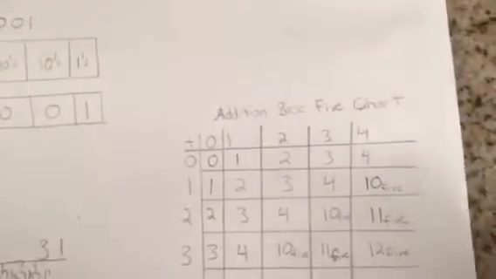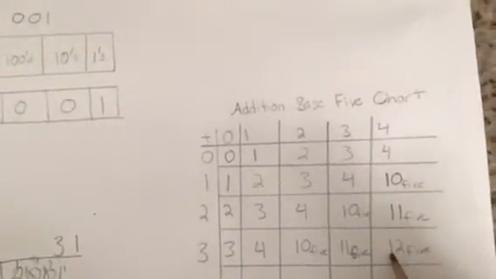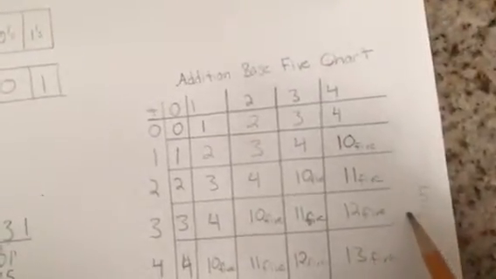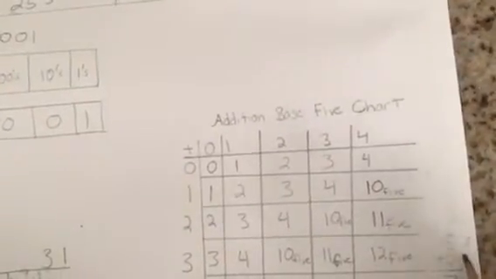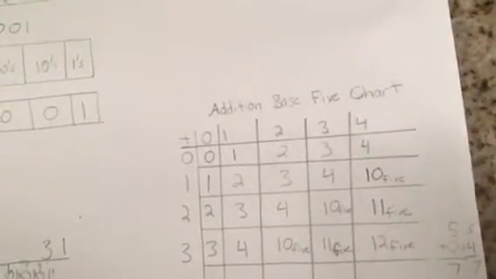That's 7: 1 5 and 2 ones. Get it? 3 plus 4.